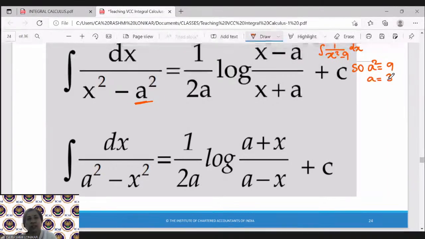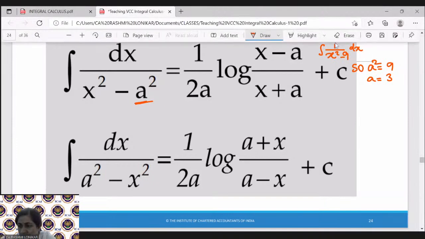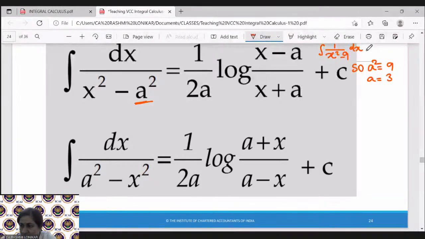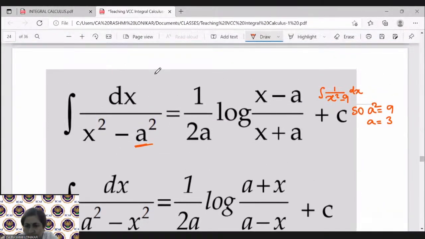That is the only thing, because we are in a hurry since you know the formula, and they will purposely put 9 in the question. So make sure that you don't make that mistake. A square is 9, a is equal to 3. So if I have 1 upon x square minus 9 dx, just write it over here.